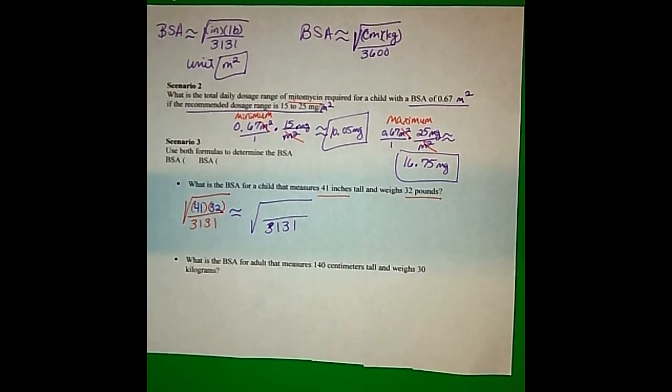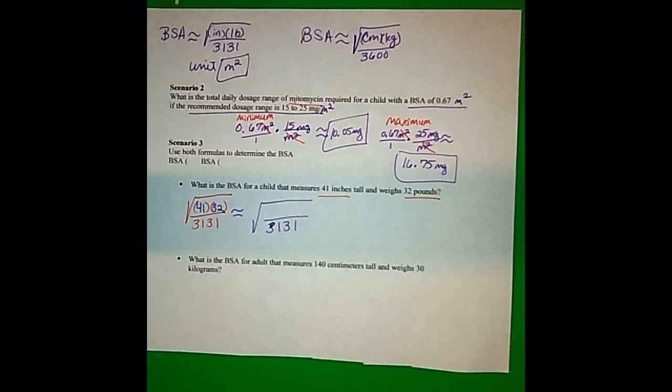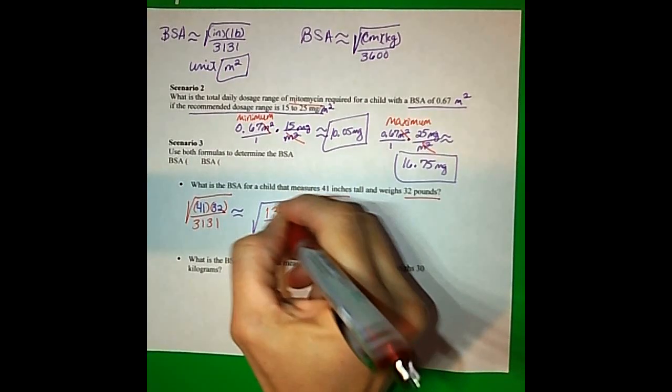So we say 41 times 32, and that gives us 1,312.